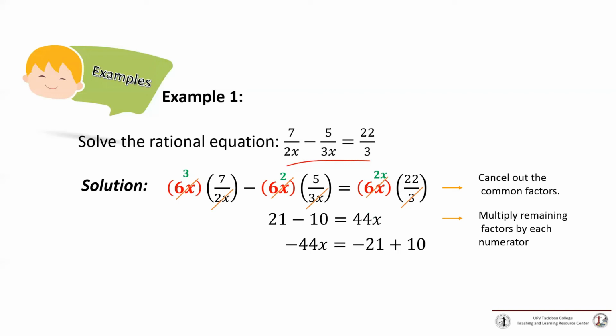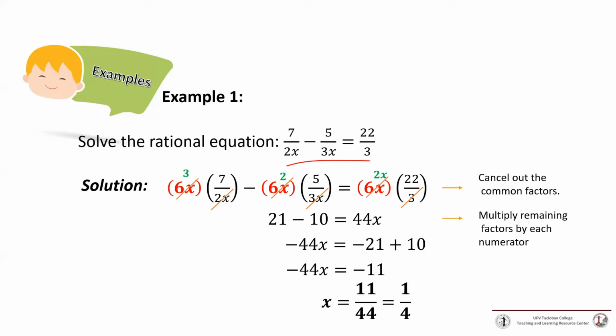So we have negative 44x. What I did, I just put 44x on the left side for ease of computation. So negative 44x is equal to negative 21 plus 10. Then negative 44x is equal to negative 11. That's the answer of negative 21 plus 10.